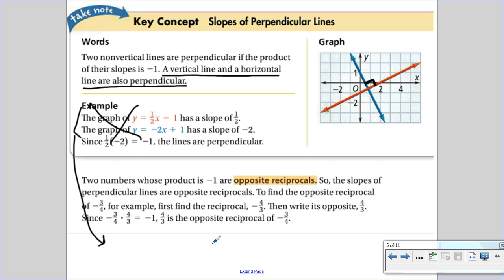So what an opposite reciprocal is, let's take the reciprocal first. If you have a slope of 2/3, the reciprocal would be just flipping it, 3/2. But we're missing this opposite. The opposite means change the sign. So if it was positive 2/3 before, it is now negative. If it was negative before, it is now positive. So that's how you find the opposite reciprocal.